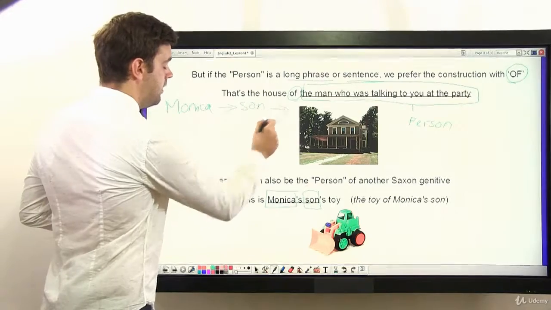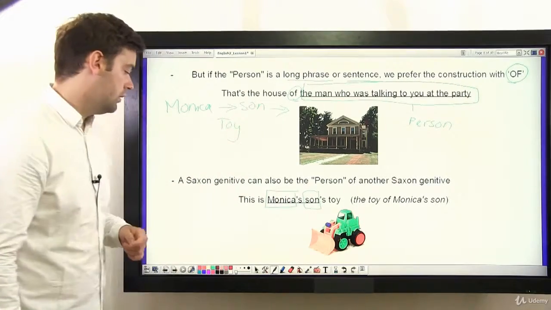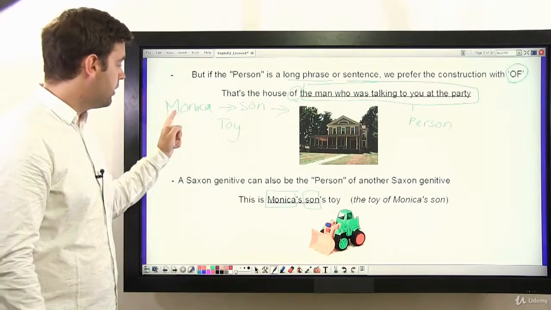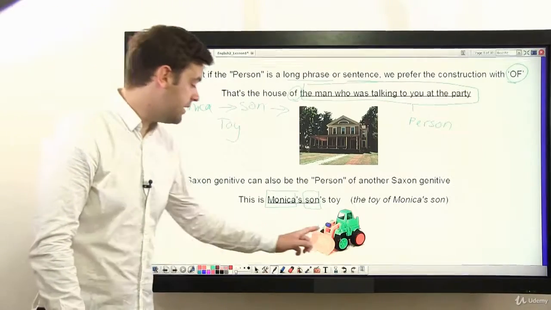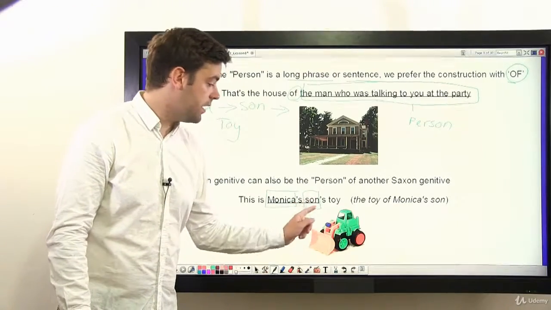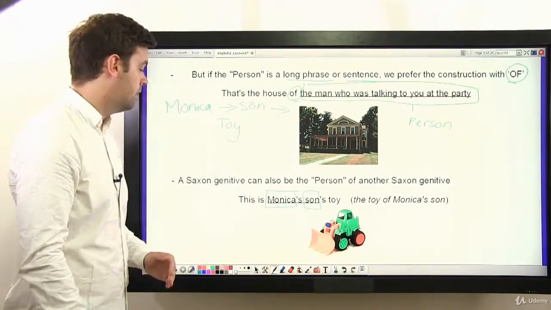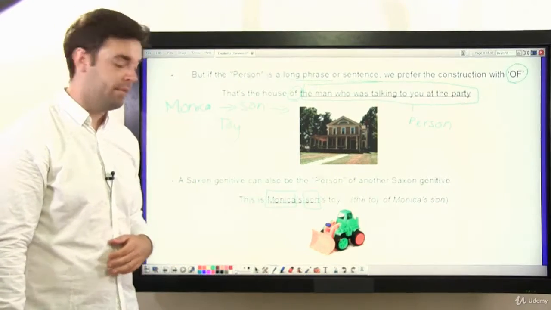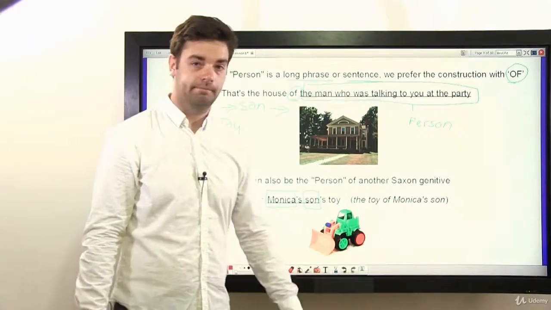And then the son has a thing, which is the toy. So this is Monica's son's toy, the toy of Monica's son. So we have a double possession there. Monica owns the son, the son owns the toy.